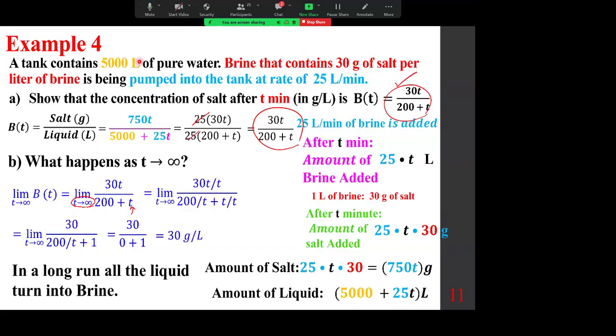And therefore, in a long run, all the liquid turns into brine for all practical purposes. Again, you still have 5,000 liters of pure water in there, but you have so much brine that it makes no difference whatsoever how much pure water we had in the first place. So it becomes pure brine for all practical purposes.